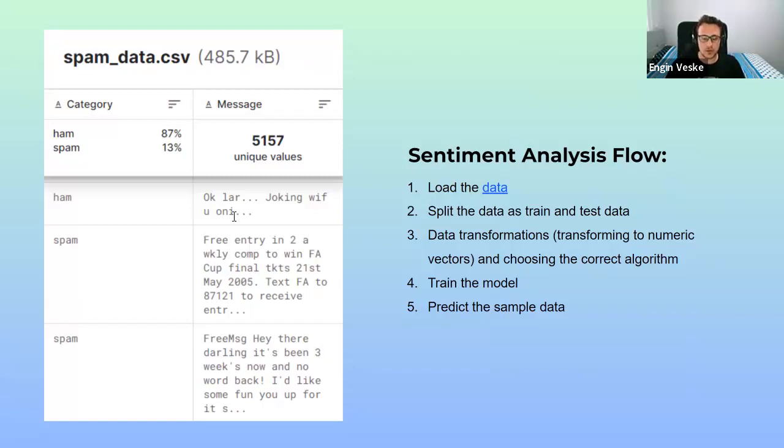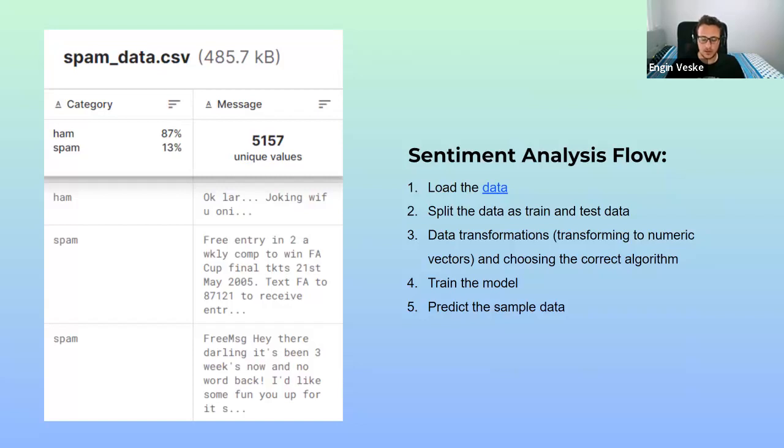So we need to represent all of this text data, for this column for example. For this row, we need to transform this text data to numeric vectors, which means for a keyword like free, we need to represent each word, each sentence as a numeric value within a multiple array.